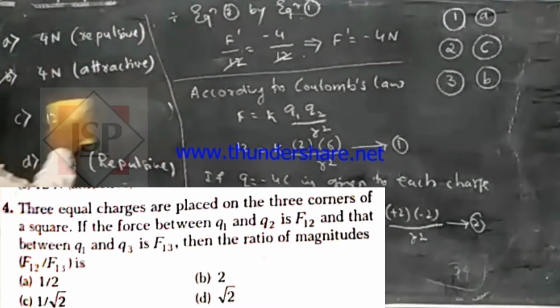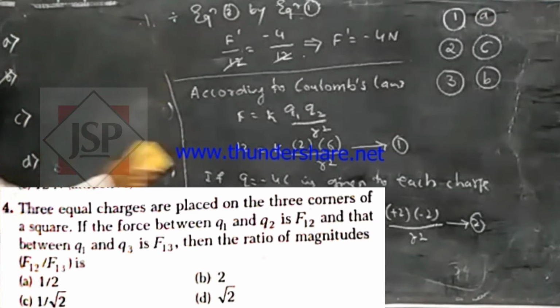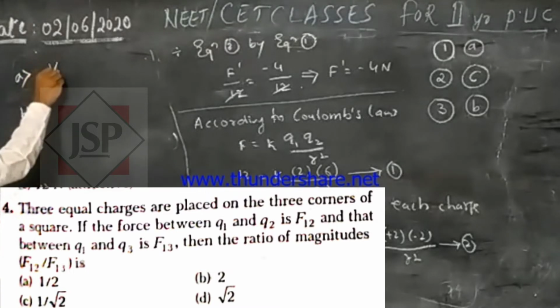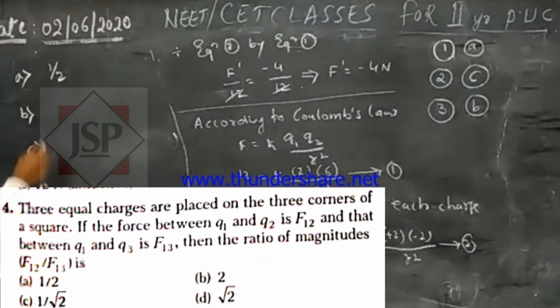The options are: A, 1 divided by 2; B, 2; C, 1 divided by root 2; D, root 2.